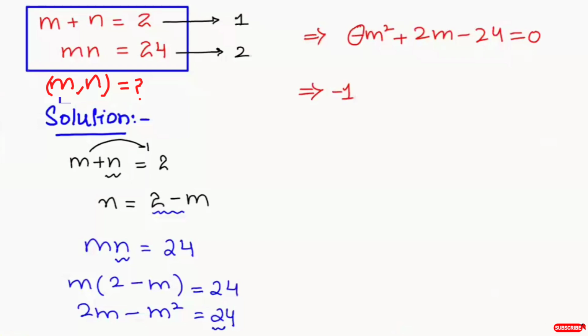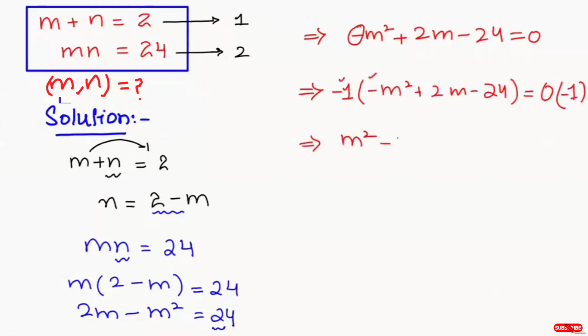Negative 1 times this, I'm going to write the same as, m square minus 2m plus 24 is equal to 0. So here we get the quadratic equation.